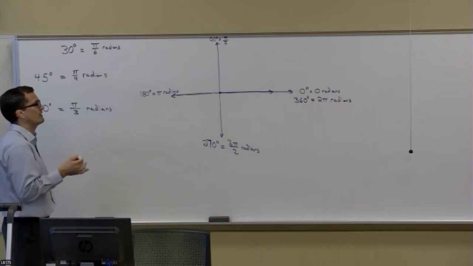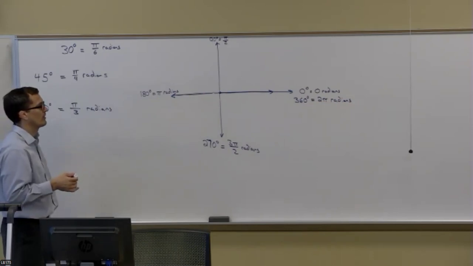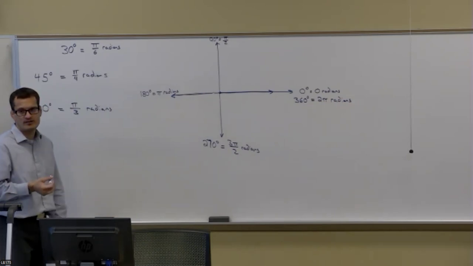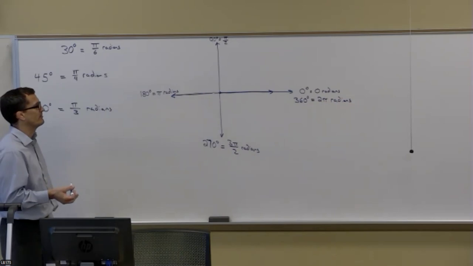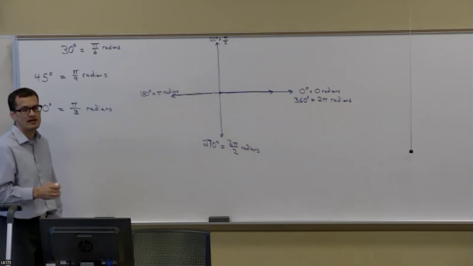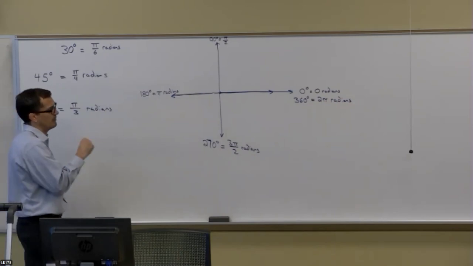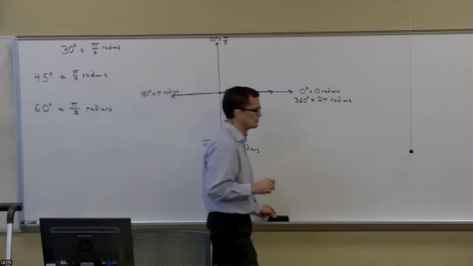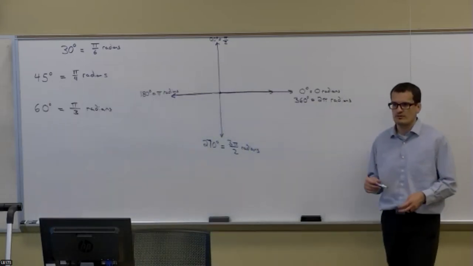So my quadrant angles are 0, 90, 180, and 270 degrees. Or in radians, 0, pi over 2, pi, 3 pi over 2, 2 pi radians. Okay. Those break up that Cartesian coordinate plane into the 4 quadrants.